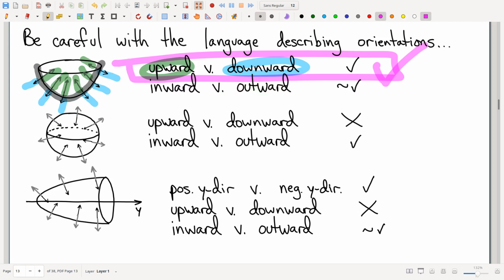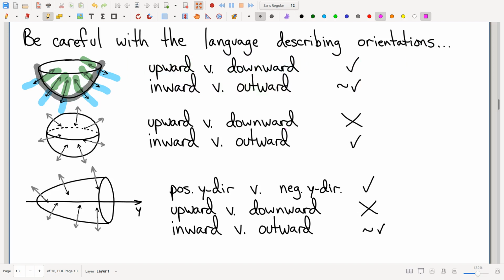That's our goal here. Now there are other options, inward versus outward. I don't think anyone would misunderstand if you were to say inward versus outward. I will point out that technically there isn't a closed surface here, so technically there isn't an inside. It's a little cringy, but it's not the worst thing in the world, and I'm going to say basically fine, but all else being equal, upward versus downward I think is better.